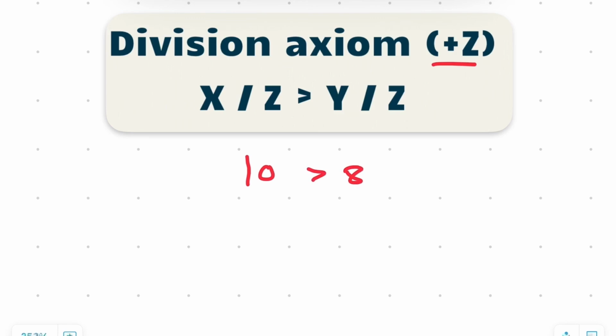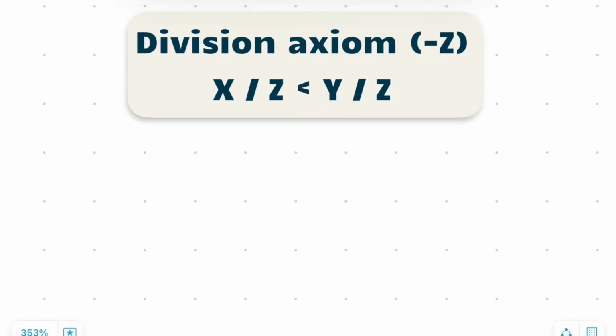In order to show this, I would have to divide both sides by the same value and show that the left side is greater than the right side. So let's say that that value is 2. If I do 10 divided by 2 and say that that's greater than 8 divided by 2, is that correct? Well, yeah. 10 divided by 2 is 5 and 8 divided by 2 is 4.